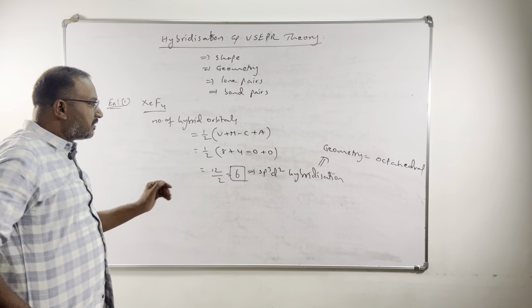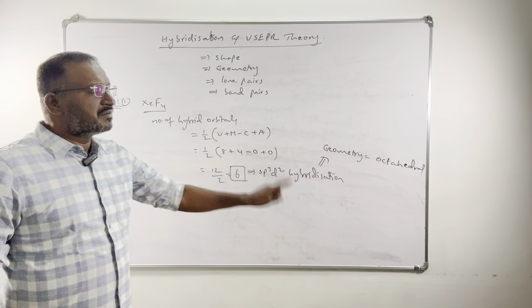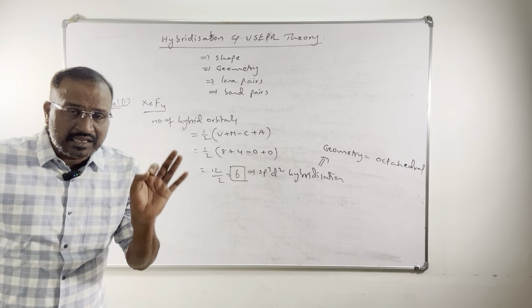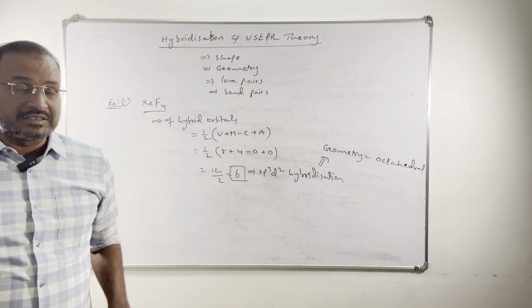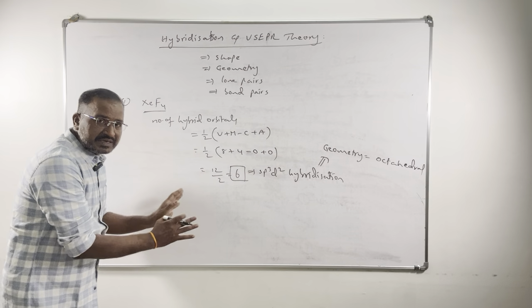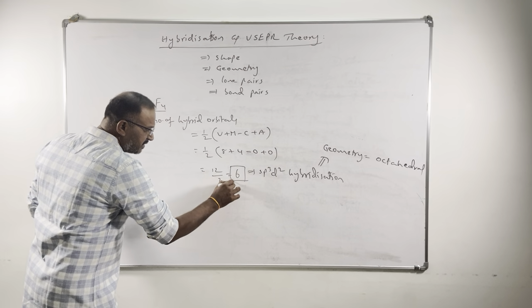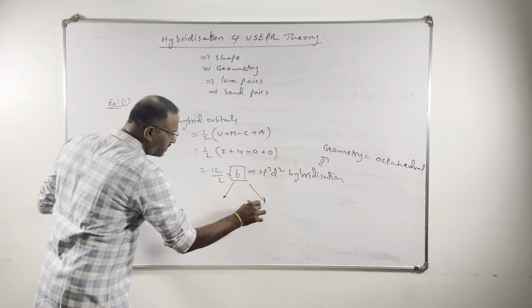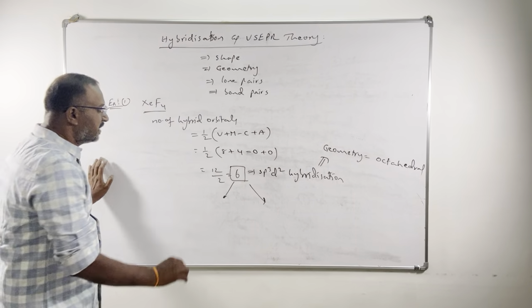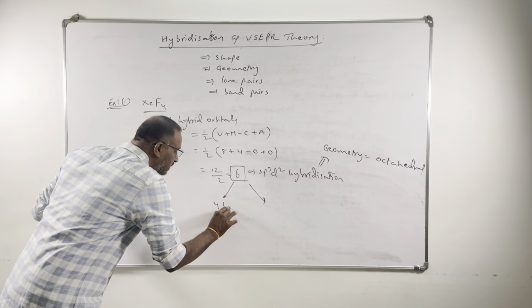But geometry becomes the shape only when the central atom has only bond pairs and zero lone pairs. So let me see whether there are zero lone pairs or some lone pairs here. We get 6 hybrid orbitals, and only the 4 fluorines form bonds, so there are 4 bond pairs only.